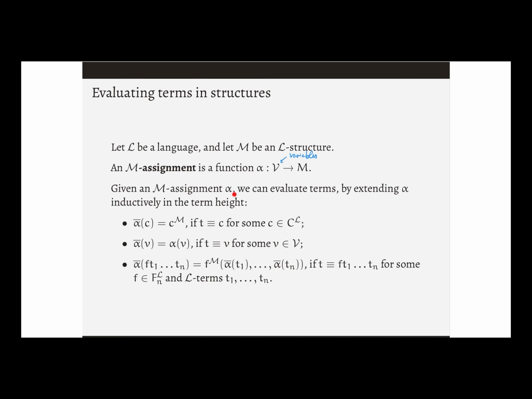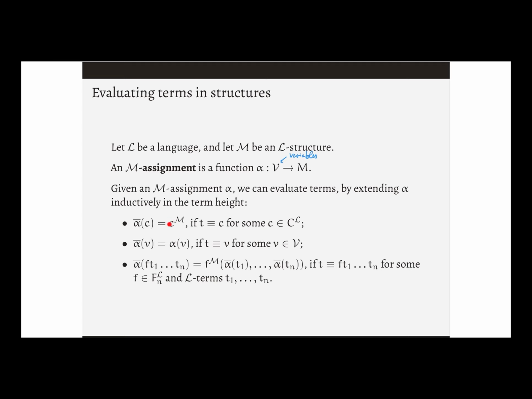And once we have that, we can evaluate terms by extending our assignment, alpha, inductively in the term height. So that works as follows. Alpha bar here denotes the extension of an assignment alpha to all terms. Of course, every variable is a term, so we just use alpha as the basis for this. So if our term is just a variable, then we just use alpha.